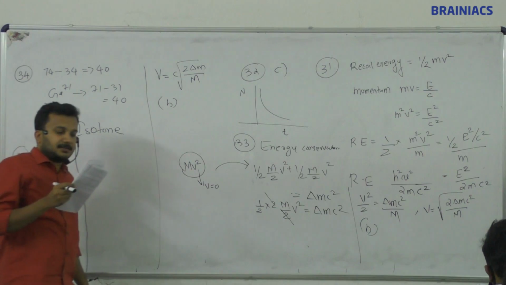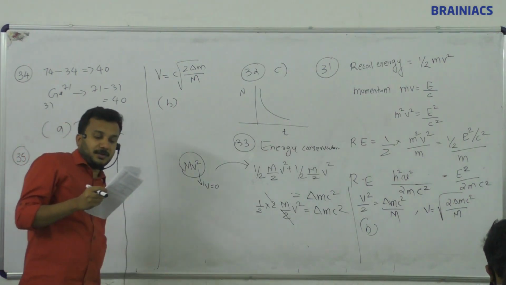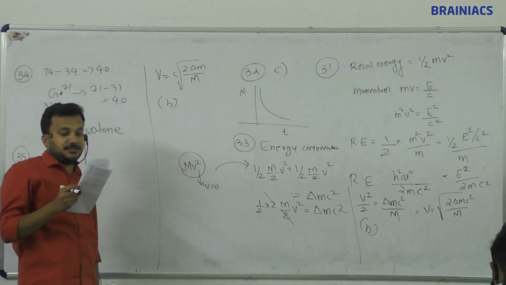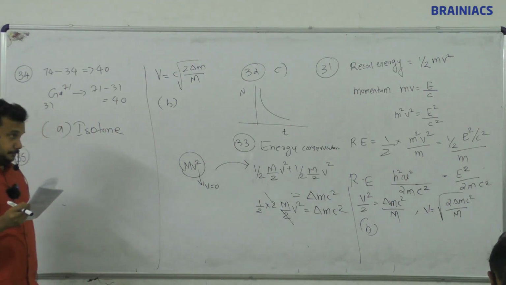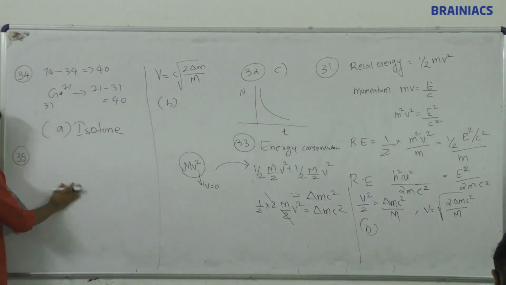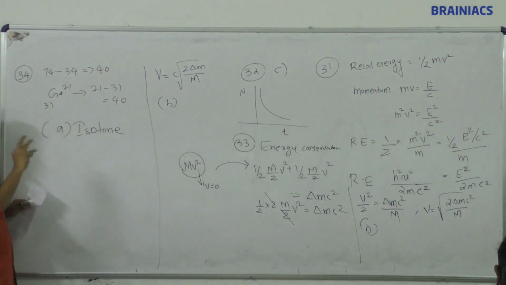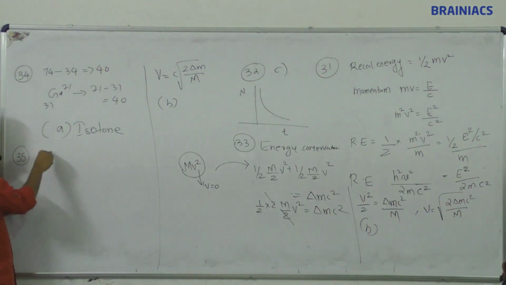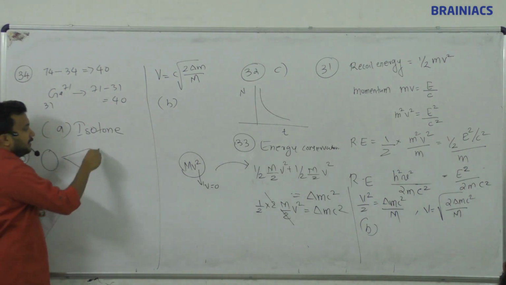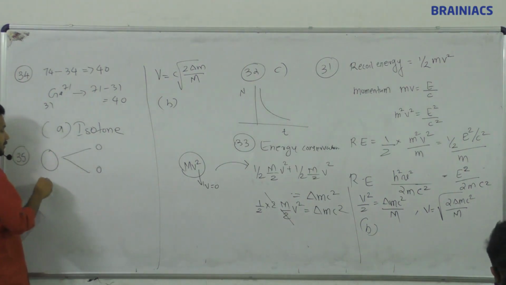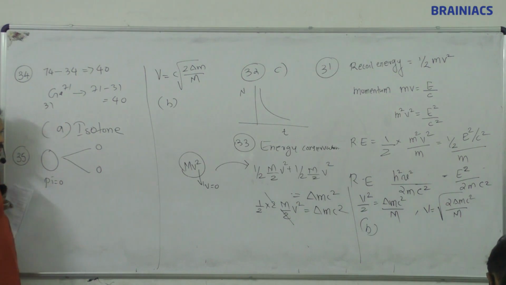A nucleus rupturing into two nuclear parts which have their velocities in the ratio 2:1. So I told you momentum is conserved, right? A nucleus which is rupturing into two parts, initially I have one, and this splits into two parts. The initial momentum is equal to 0.